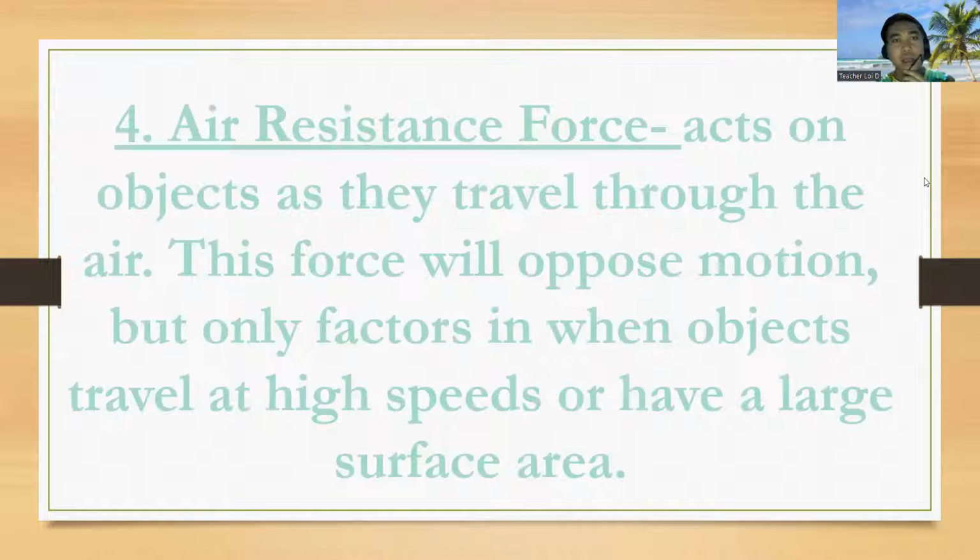So, next is air resistance force. It acts on objects as they travel through the air. This force will oppose motion but only factors in when objects travel at high speeds or have a large surface area. So, may involvement po dito yung air. Kaya nga tinatawag siyang air resistance force. Yung force na galing sa wind, yung paggalaw ng air molecules at yung isang object.